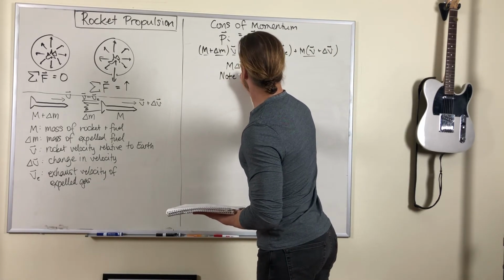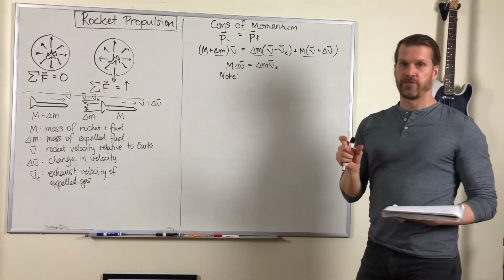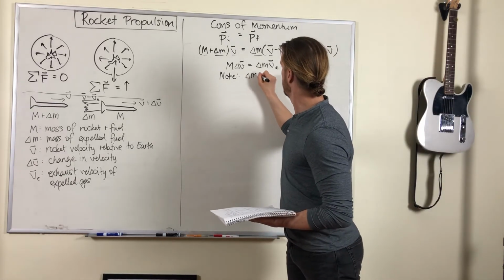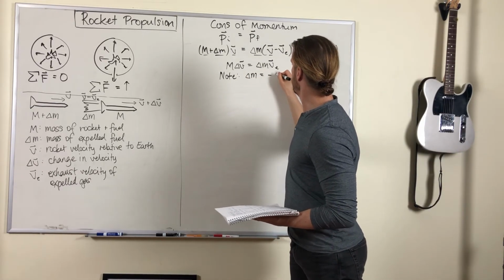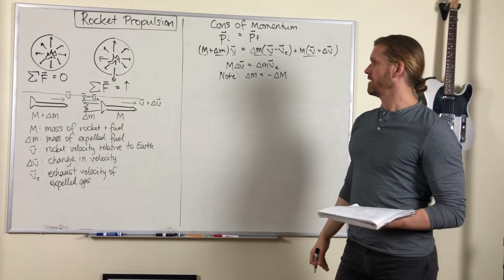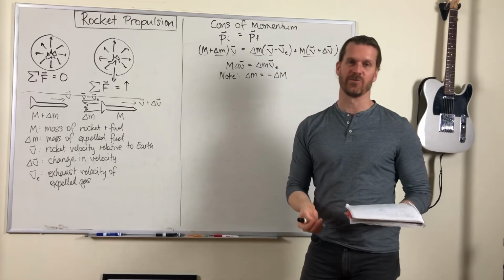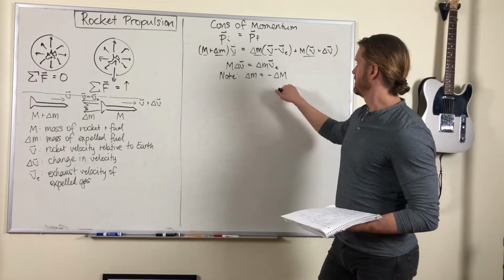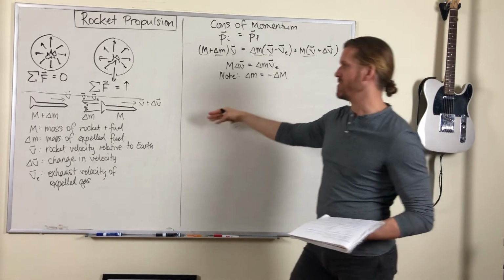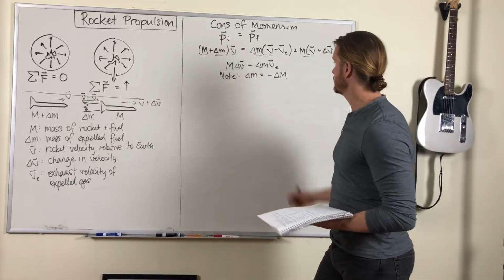And we'll note that delta little m is the same thing as negative delta big M. As this rocket loses mass from the fuel, that is the same as the gain in mass of the exhaust gases.